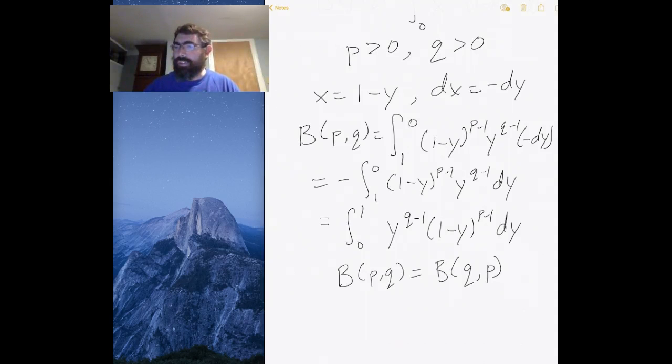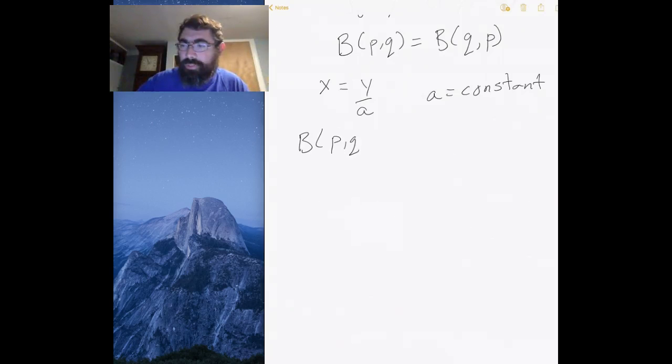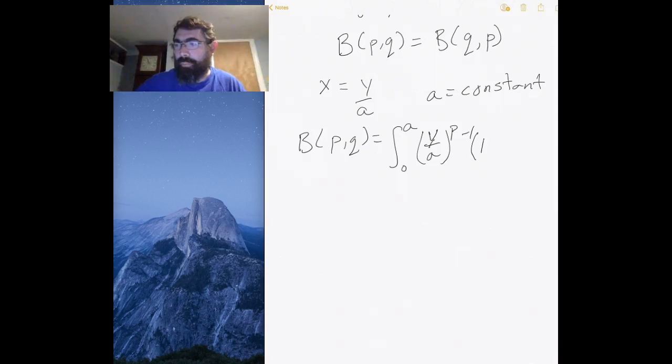So let's take a look at this a little further and consider that my variable x is really the variable y divided by a constant a. Let me put that into my formula: the integral from 0 to a of (y over a) to the p minus 1, (1 minus y over a) to the q minus 1, dy divided by a.